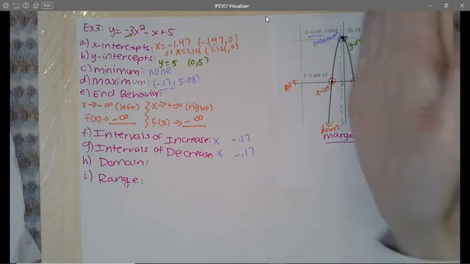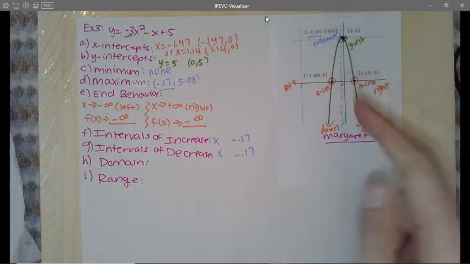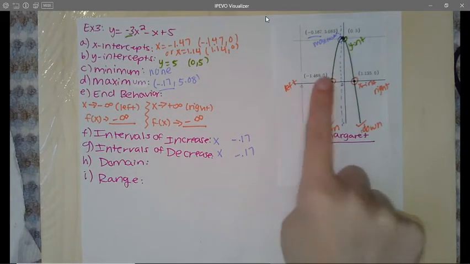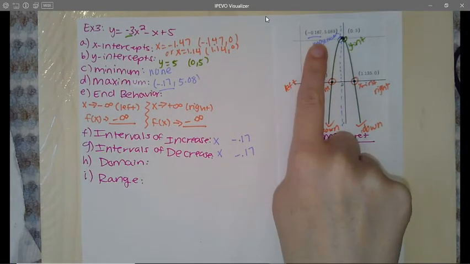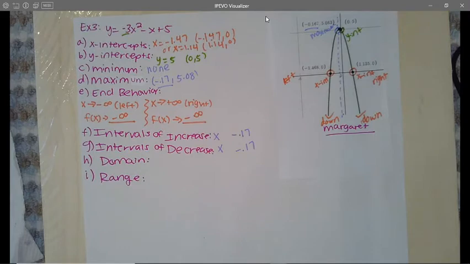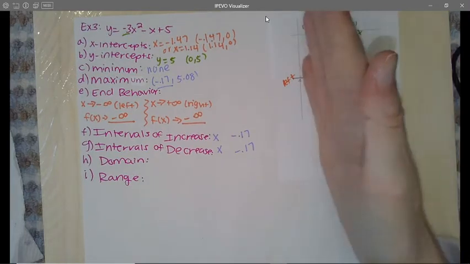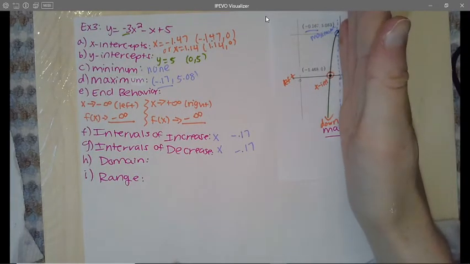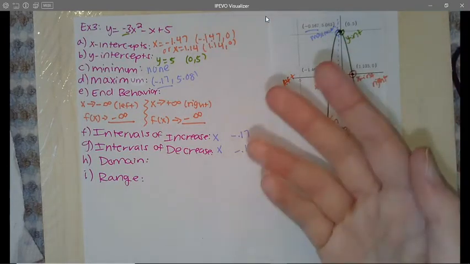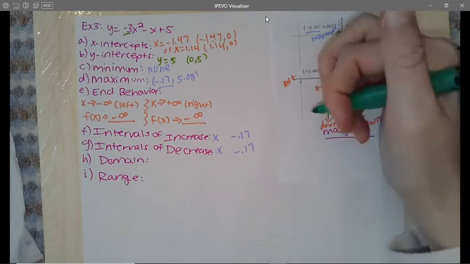Okay, so if we are to the left of this line, are these numbers on the x-axis to the left larger or smaller than -0.17? Holy hot dog, you guys. They are smaller than -0.17, which means they are less than. Okay, so we know the values to the left are going to be less than. All we need to figure out is, is the graph increasing or decreasing on the left?